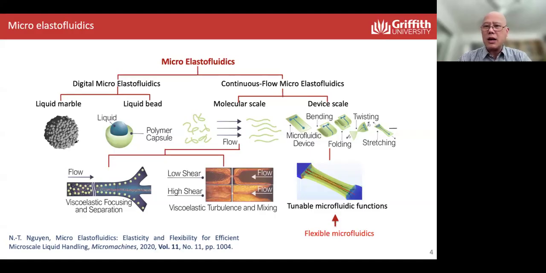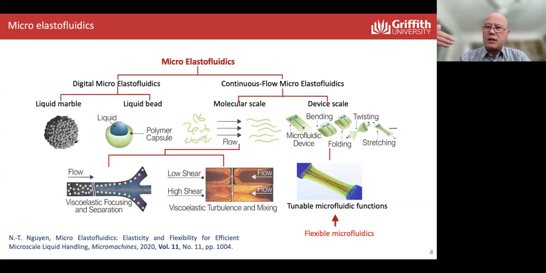So this is the molecular scale. Now for the device scale, fluid-structure interactions and deformations can also give you direct tunability of functional devices. That means previously, rigid devices needed to go through design iterations to get the right parameters.